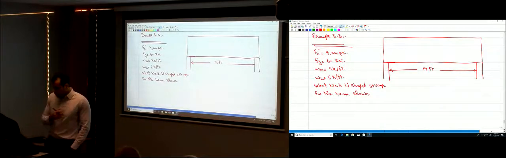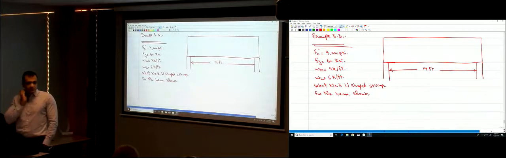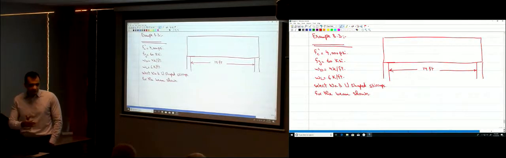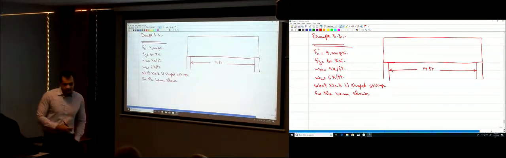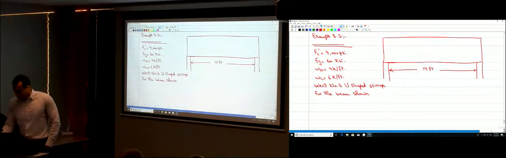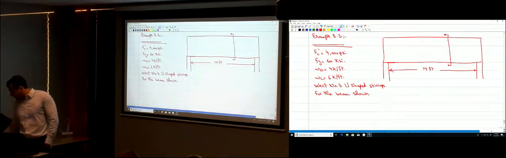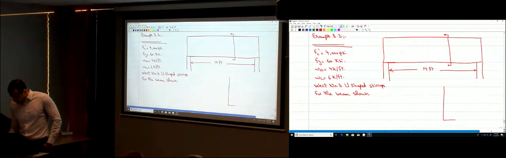Okay, so when we're talking about stirrups, that means you have to design it for shear. Stirrups are the things that resist the shear. When we take the cross section of the beam over here, that's given as well. It's simply a rectangular section.